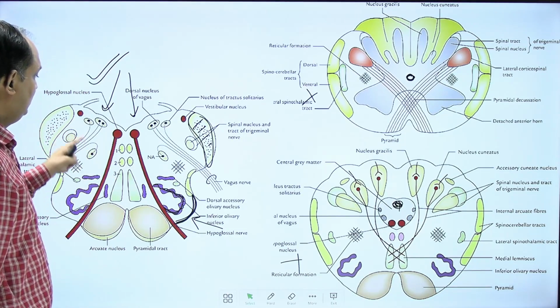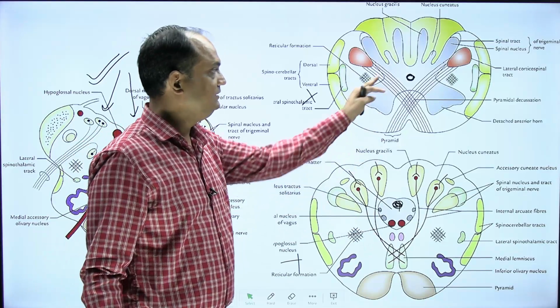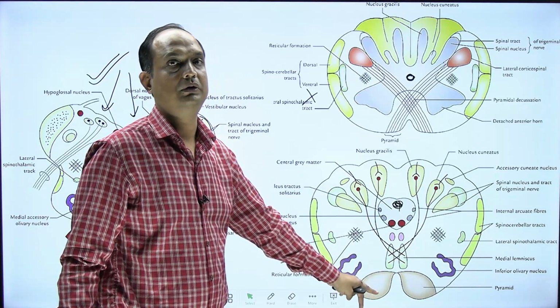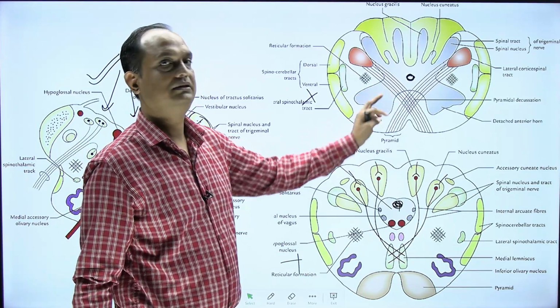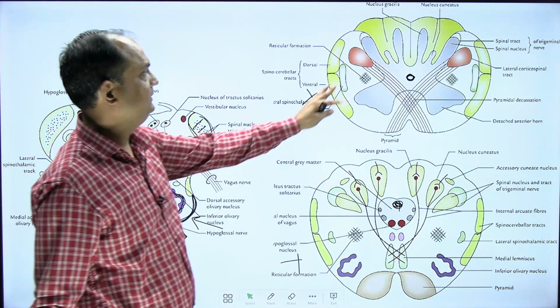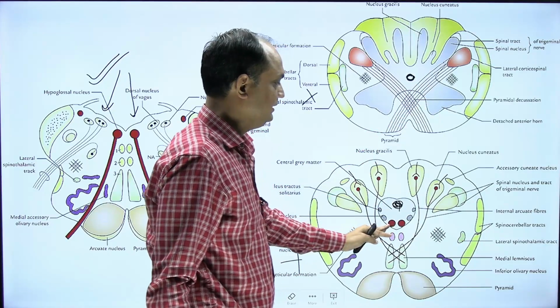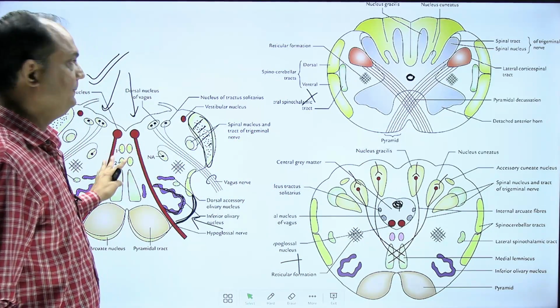In this section you do not have any midline crossing. Midline crossings are present in the other two sections: this one shows the sensory decussation and this one shows the pyramidal decussation. Apart from that, in this section you do not have any cranial nerve nuclei. The cranial nerve nuclei start to appear in the middle part and the upper part.